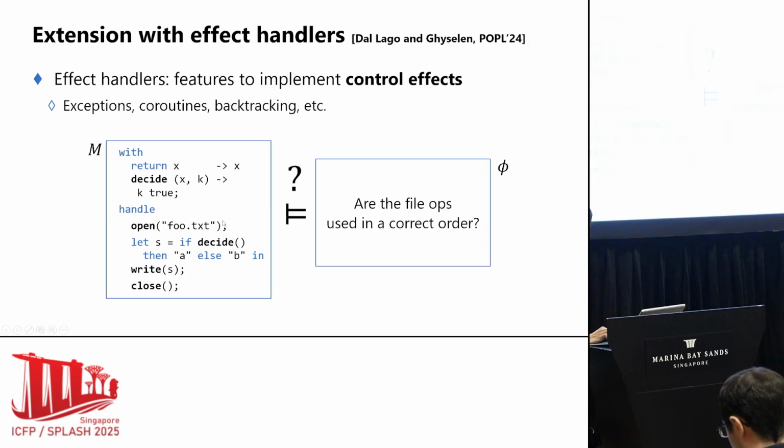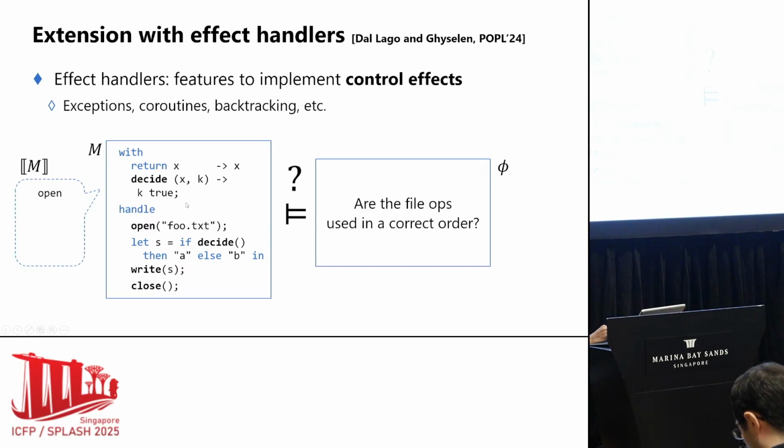The first 3 lines define the effect handler, and actually they define the effect operation here. The program starts in the handled expression. First the open operation is called, and next the decide operation is called, and this is handled by the effect handler here.